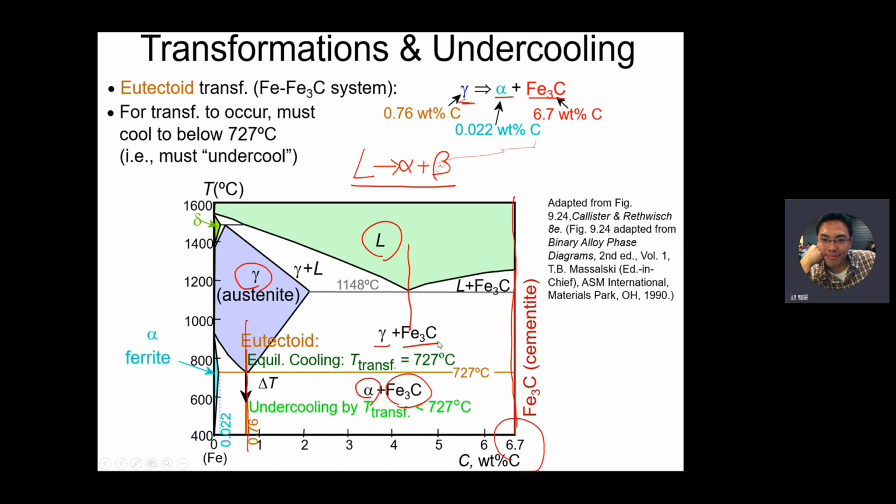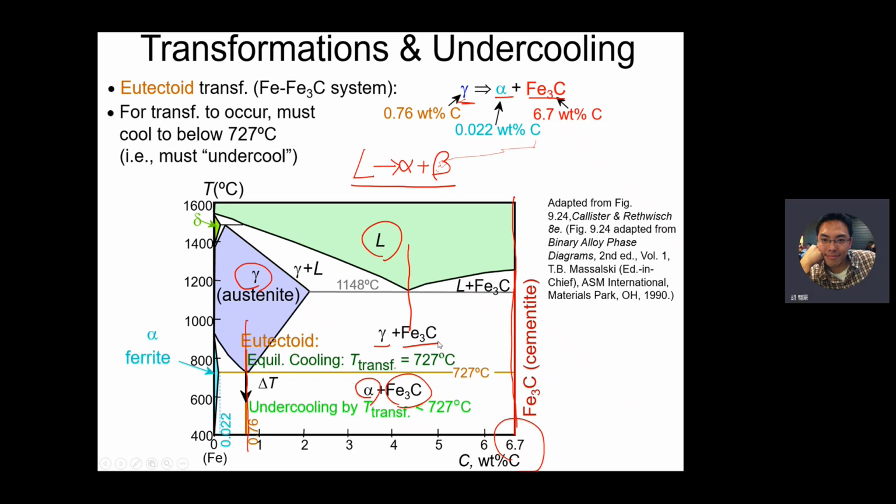Therefore, for the eutectoid reaction, the temperature must cool below 727 Celsius, and for the eutectic reaction to occur, the temperature must cool below 1148 Celsius.